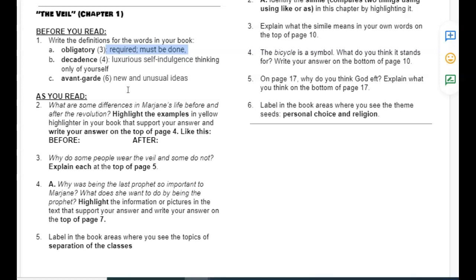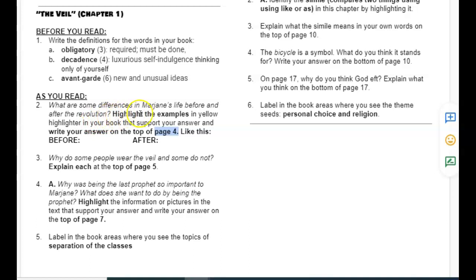As you're reading, you're going to stop and do different things. So for chapter 1, you're going to do 4 different things. When you finish reading page 4, you see you have an annotation you have to make on page 4. It says, what are some differences in Marjane's life before and after the revolution? When you read pages 3 and 4, you're going to understand that.